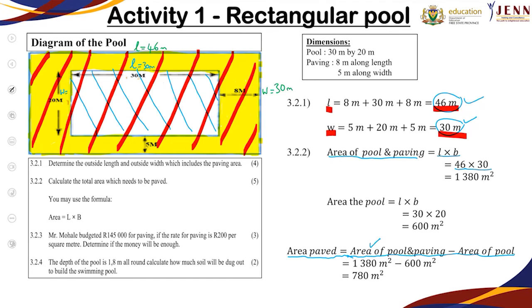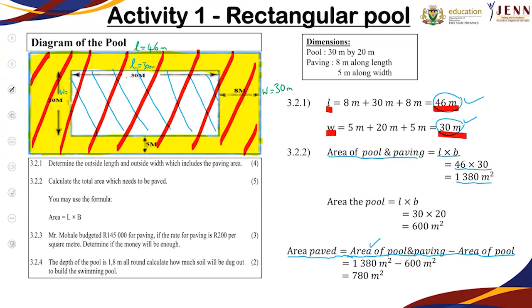That will give me 1,380 square meters. That is the red part that I'm talking about, if you can see on my diagram. So that is the area of the pool and the paving.